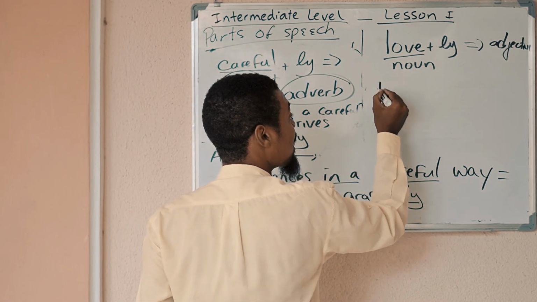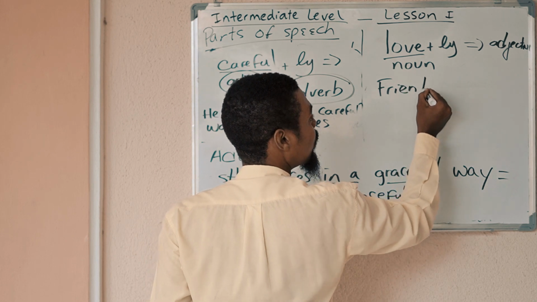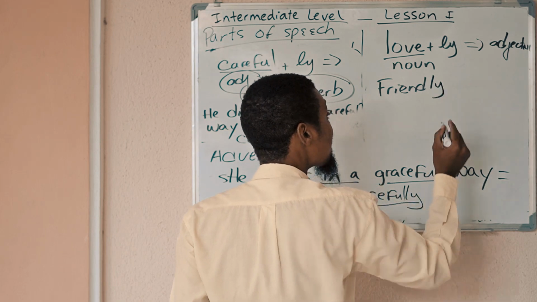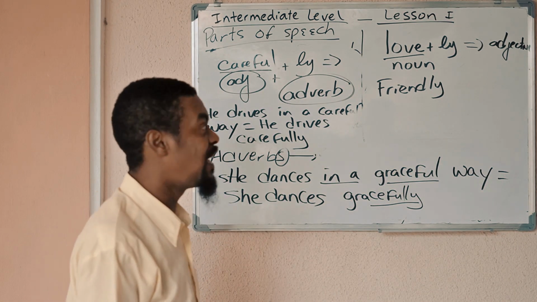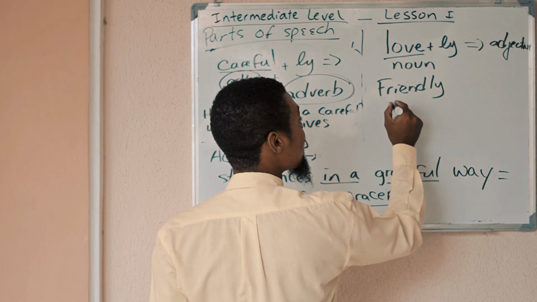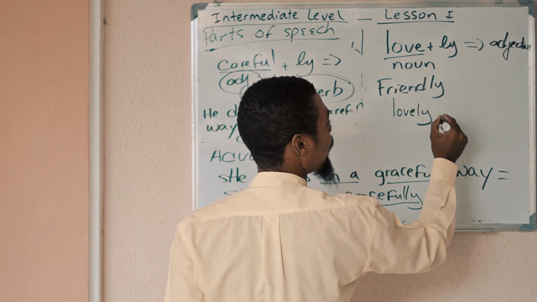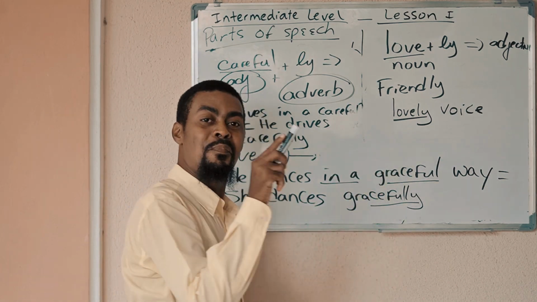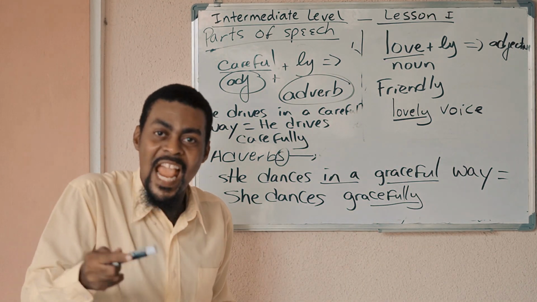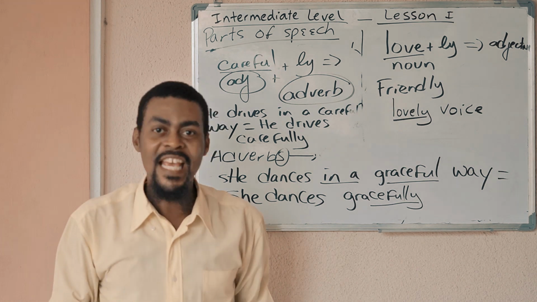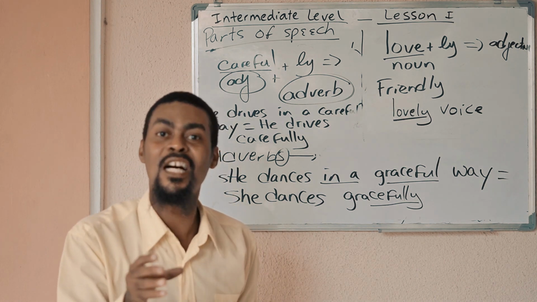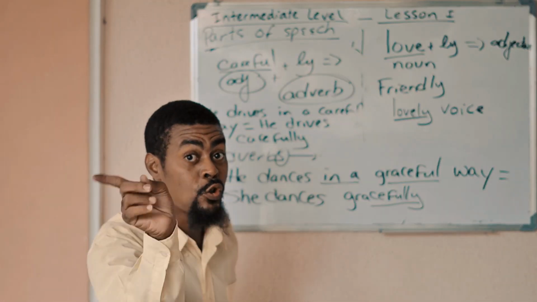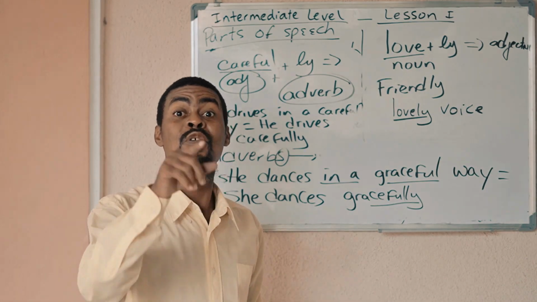Got it? For example, let's look at the word friend. Friend is a noun. Friendly is not an adverb, it's an adjective. She has a lovely voice. Just as I said, when you add ly to a noun, you do not have an adverb, you have an adjective.